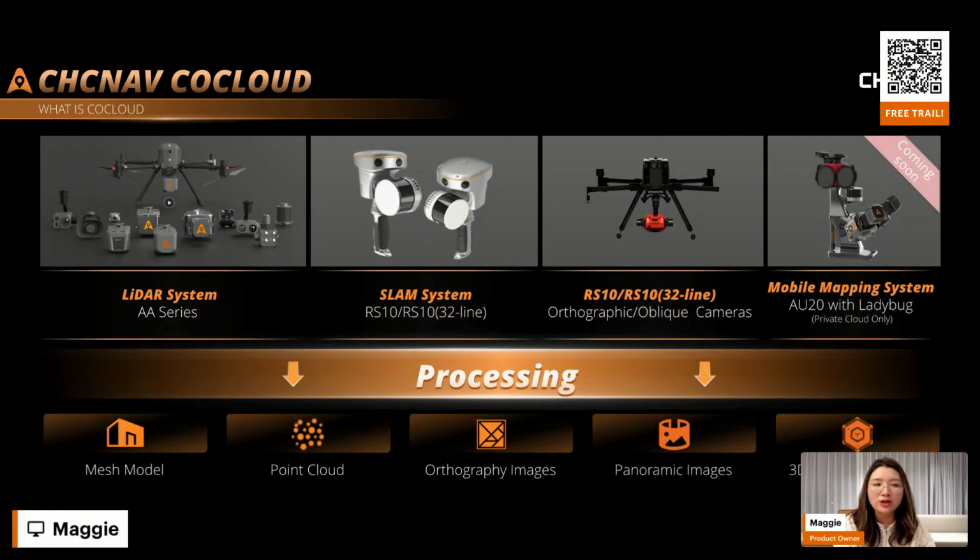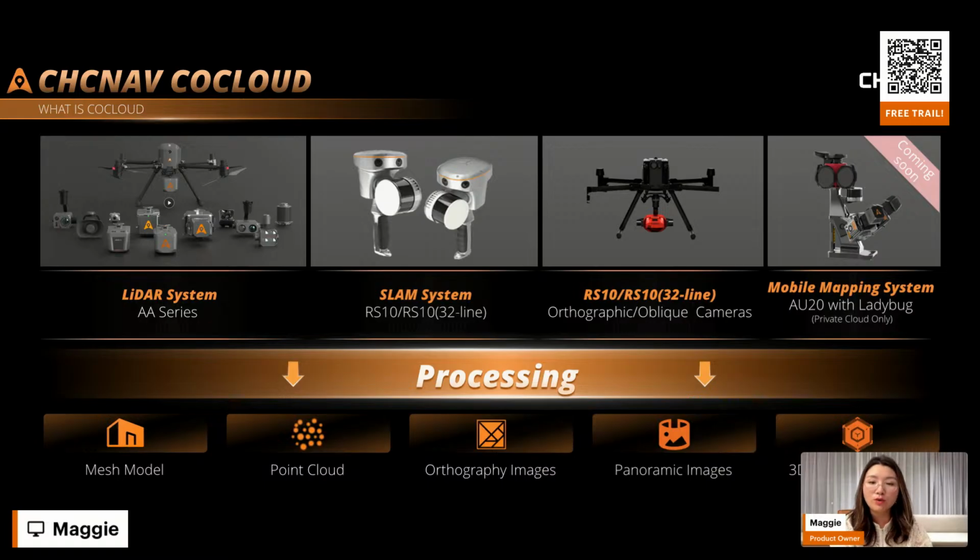Here goes the final part. Let me do a short summary. What is CoCloud? From the processing perspective, CoCloud is a one-click processing platform which supports various self-developed devices, including the AA series and RS series, and it also supports general photogrammetry as well.